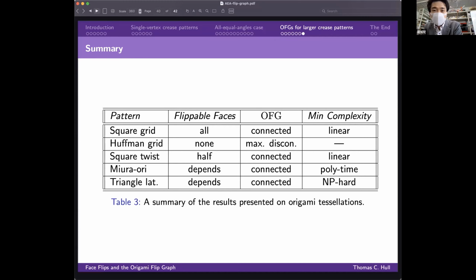Other question. So I was quite interested about the ones that are disconnected, like the Huffman Grid. Is there another property of the graph that is known for any patterns, such as, for example, the degrees for each vertex?